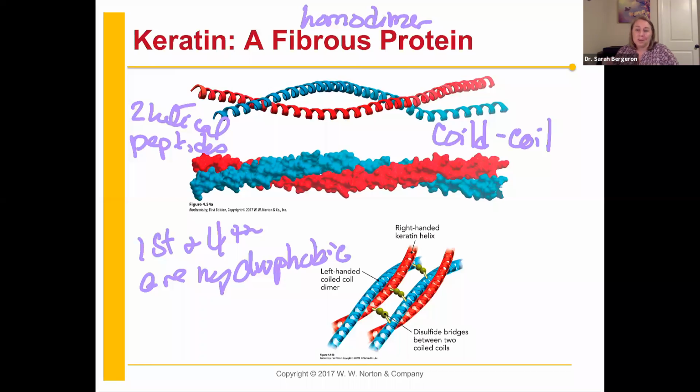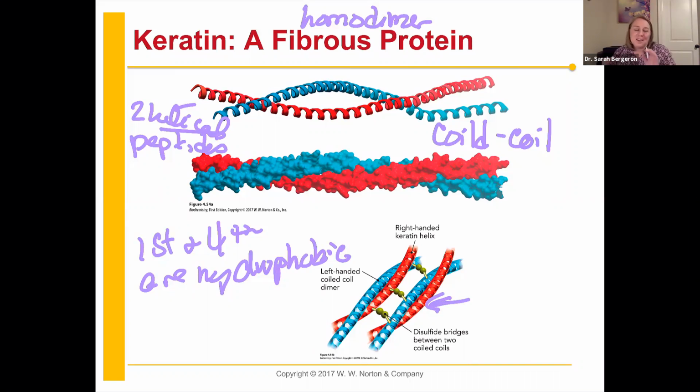So when we look, each of our individual helices are right-handed, and then the coiled dimer is left-handed. And this is really kind of interesting, right? Because this is how perms work, side note, right?